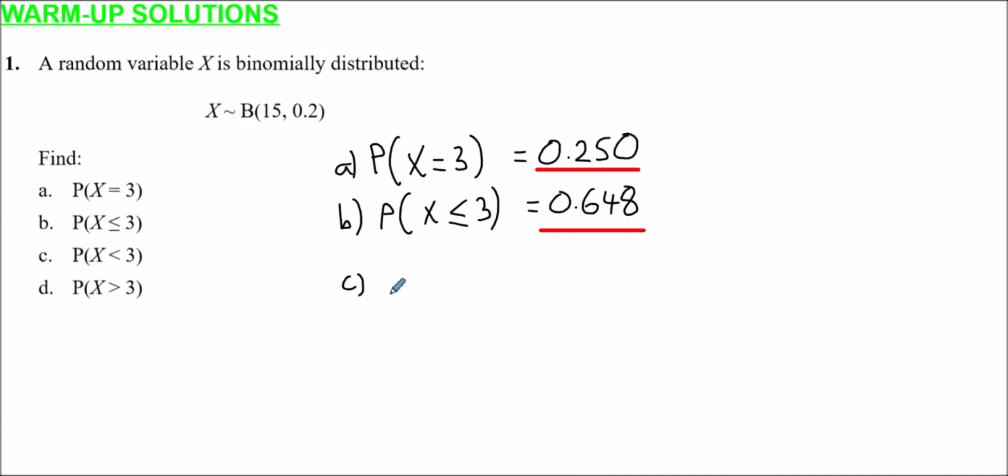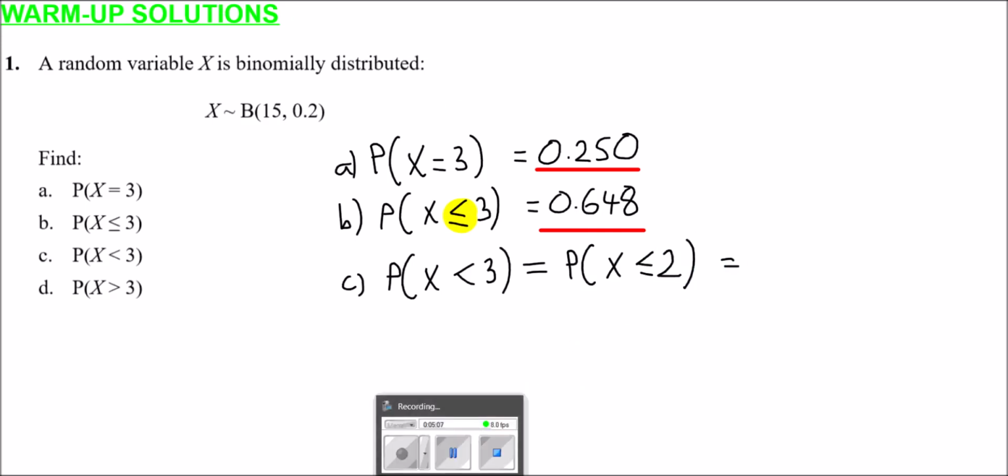So for part C, what is the probability for x is less than 3. Now, we need to consider it using this symbol always. So if it's less than 3, that's the same as saying what is the probability that x is up to 2, but no more than 2. So all we need to do now is to alter the number going up to from 3 to 2.